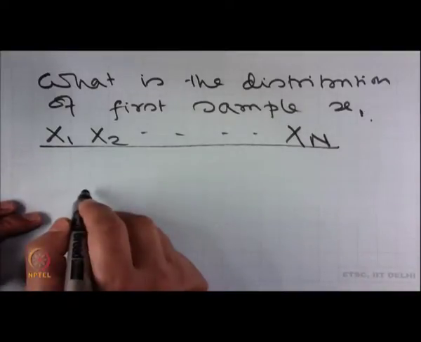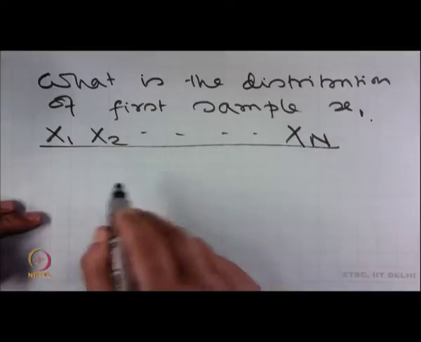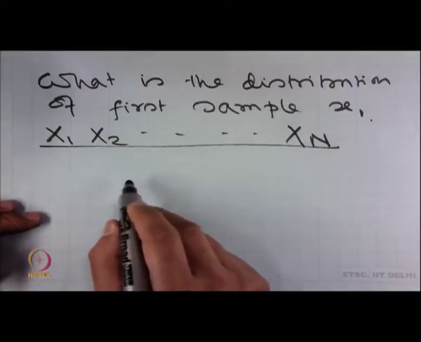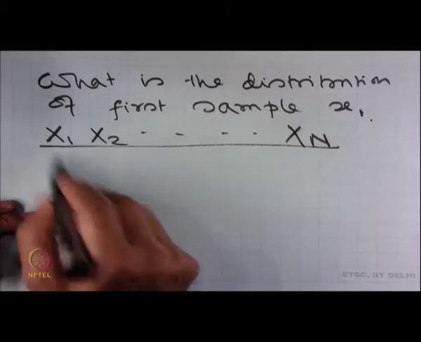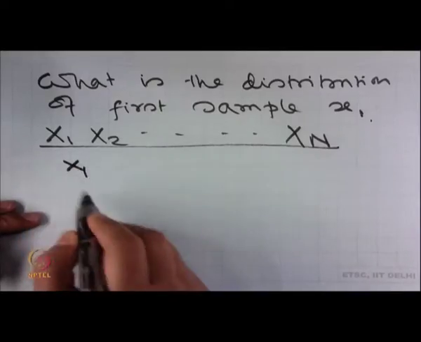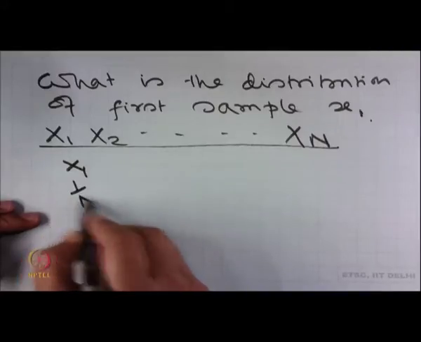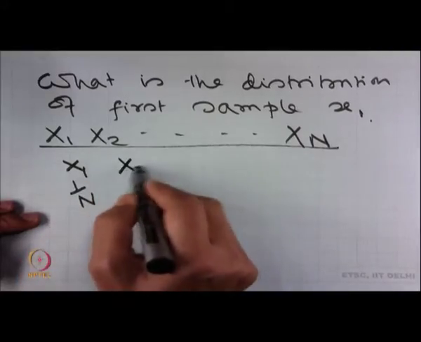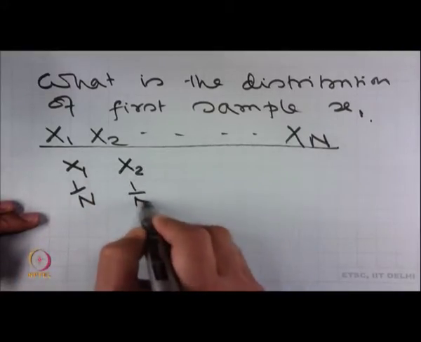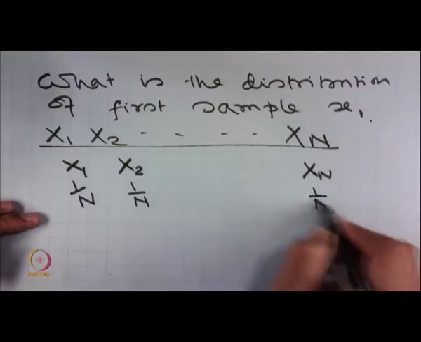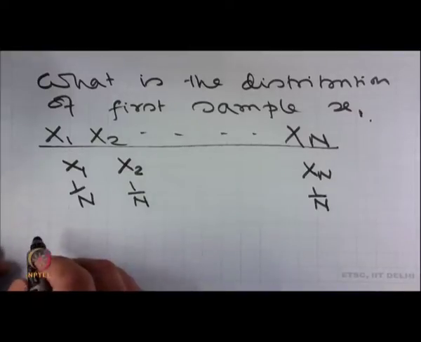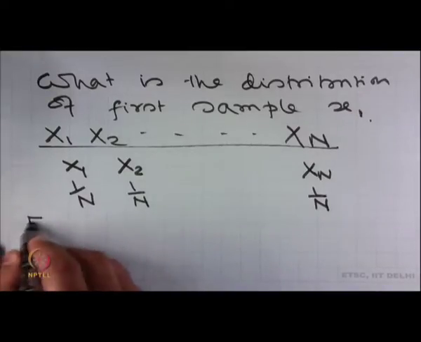X1 is the very first sample taken out of it, and each one of them has equal probability. So, it can be x1 with probability 1 by N, it can be x2 with probability 1 by N, and it can be xN with probability 1 by N. Therefore, what is the expected value of X1?